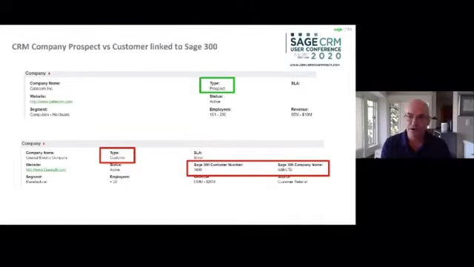But on the bottom, Coastal Electric Company is a customer. I know that because the type is customer. Type customer means that it is linked to Sage 300. It also tells me what the customer number is, and it tells me which Sage 300 company I'm linked to. So the obvious implication of this is that one Sage CRM system can be linked to many different Sage 300 companies.